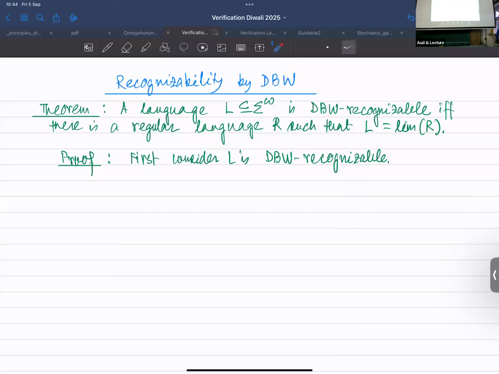If L is DBW recognizable, then we want to show that there exists a regular language R such that L equals limit of R.